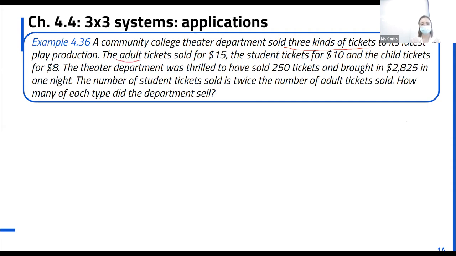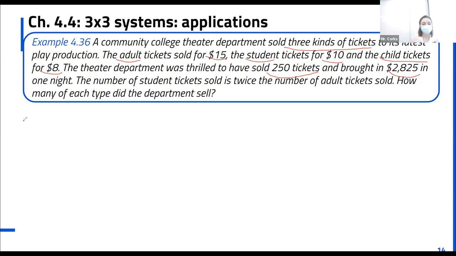Adult tickets, which are sold for $15, student tickets for $10, and child tickets for $8. The theater sold 250 tickets, and all these tickets cost $2,825. And the task is the same. We need to find the number of each type of ticket.